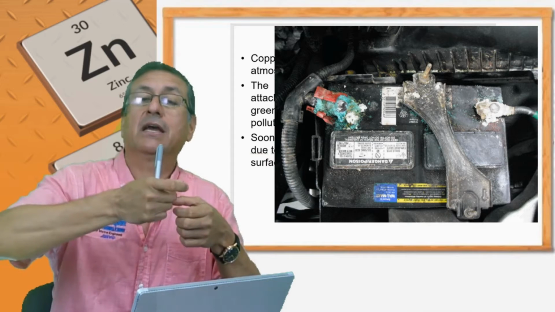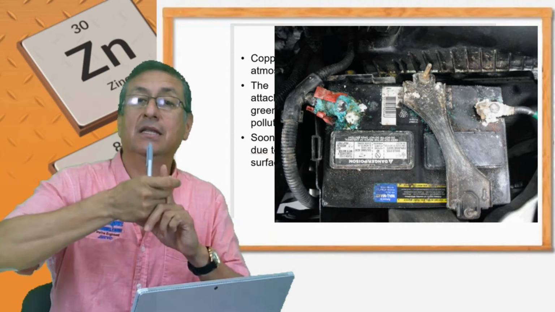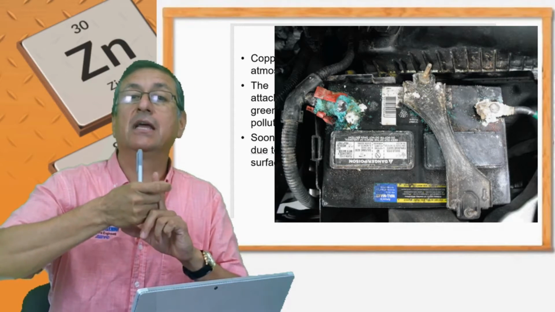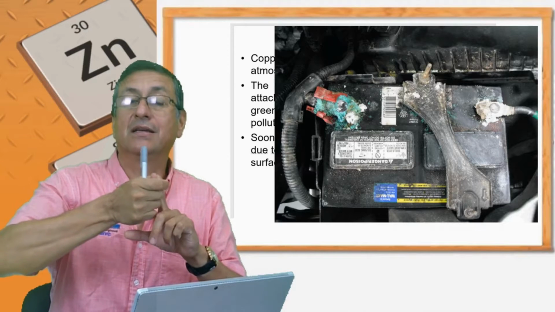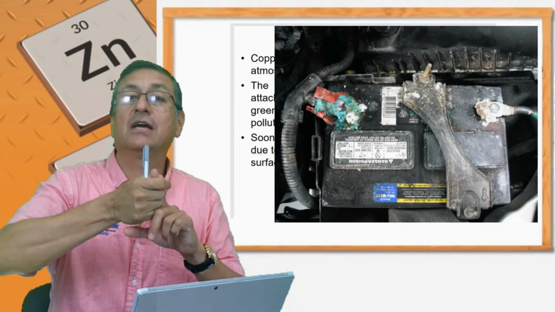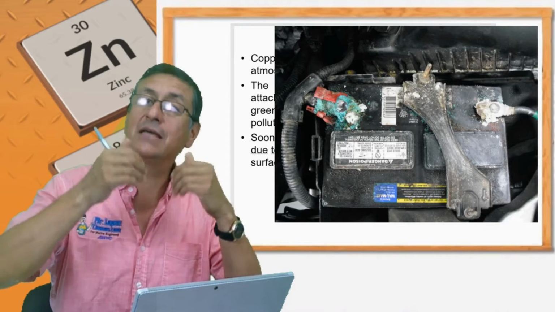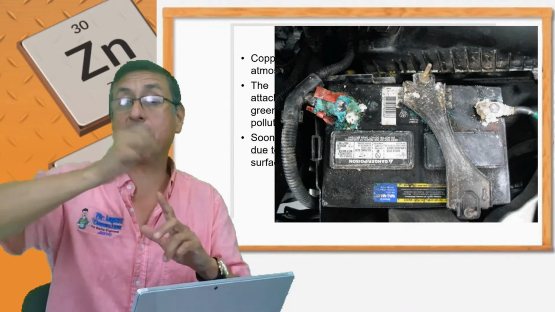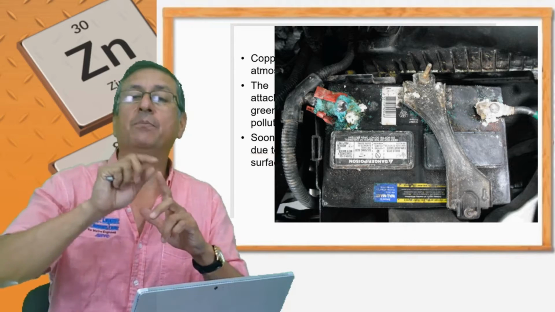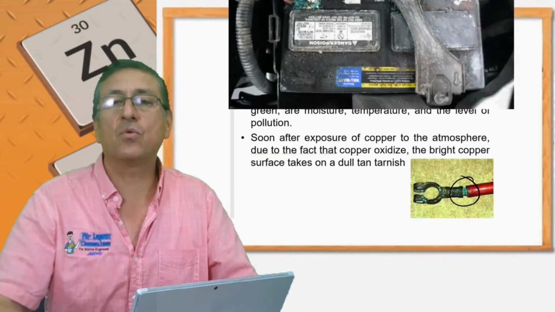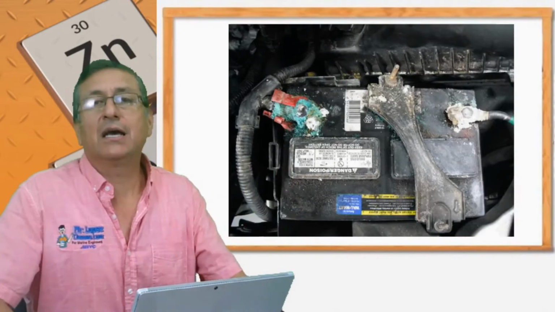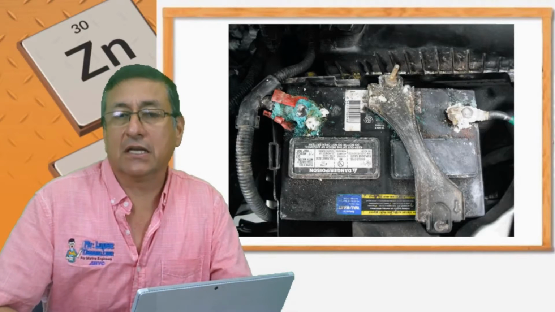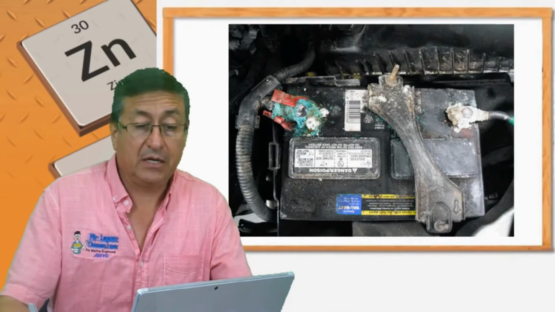You have copper in the cable terminal, and you have lead in the terminal of the battery. Lead with copper produces a reaction, and the lead is eroded. The copper gains electrons and produces that green powder accumulated in the positive terminals of the battery. This is oxide of copper.